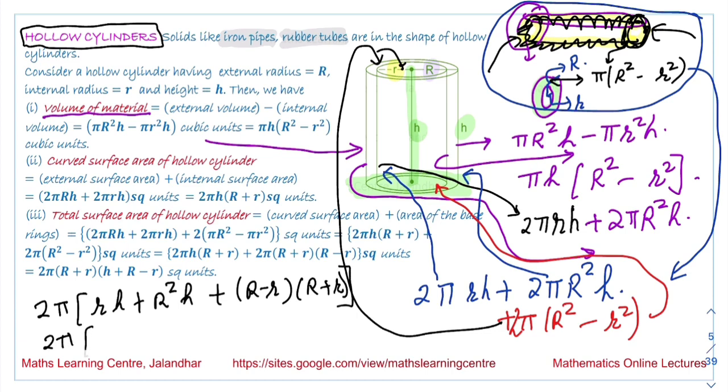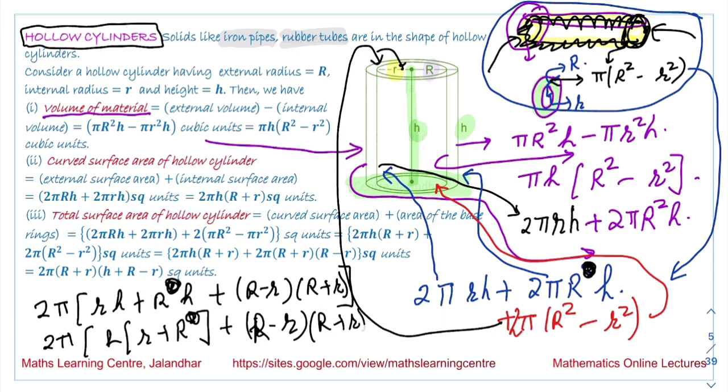So it is 2 pi into h is common, so it is r plus R. It is not R squared over here, it is R. So we are left with r plus R minus (capital R minus small r) into (capital R plus small r). Now if we take R plus r common from both these terms, the formula we are left with is 2 pi (capital R plus small r) into (h plus R minus r).